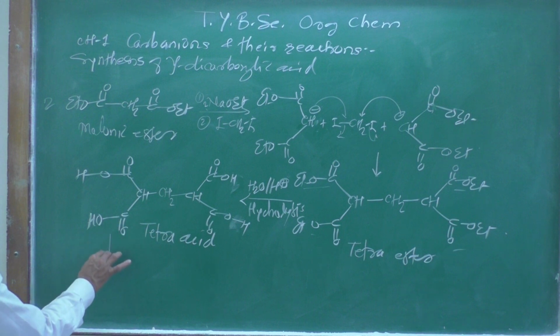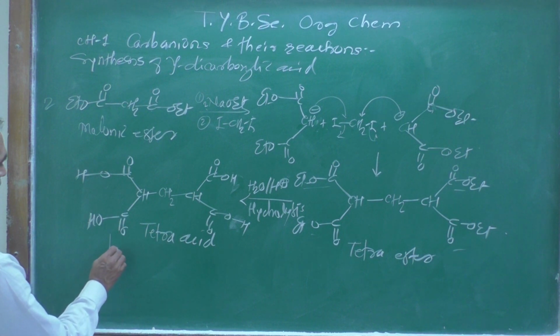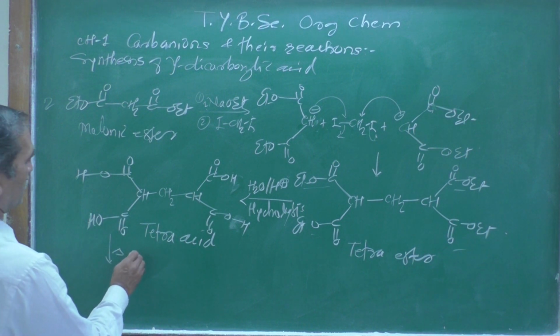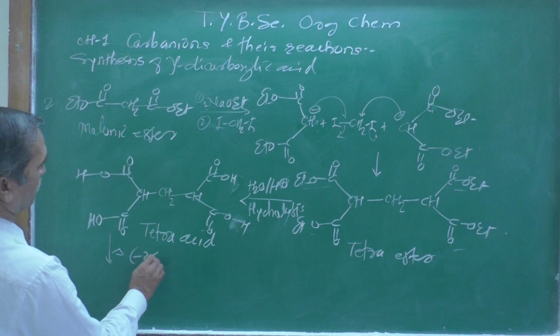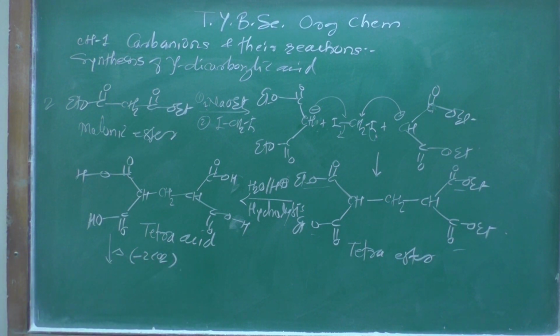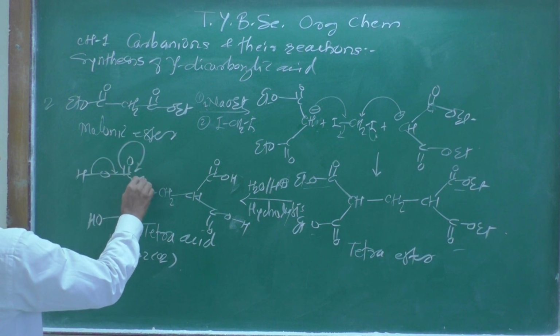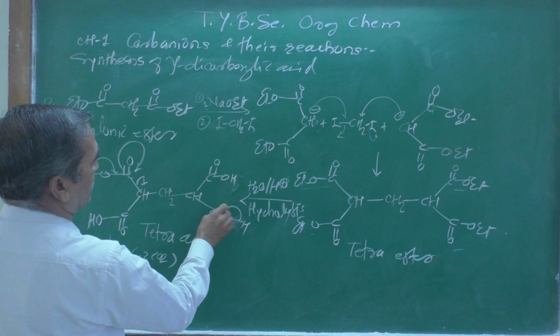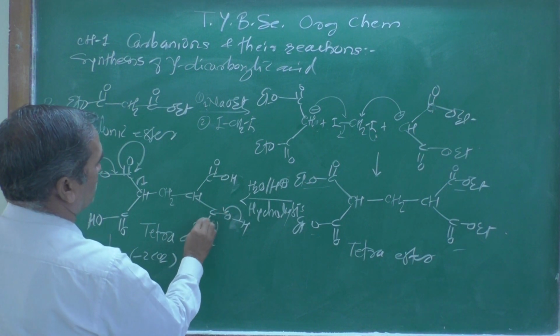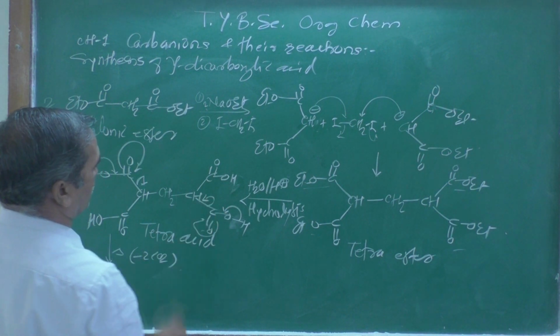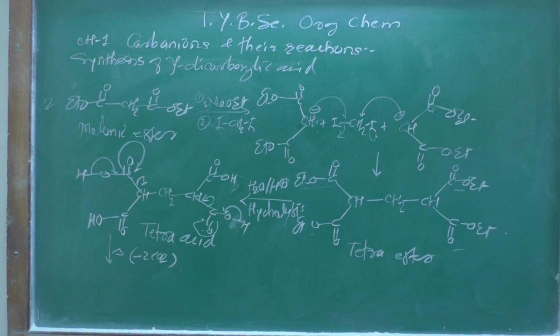The next step will be decarboxylation. Just by heating it, you are going to get 2 moles of carbon dioxide removed. Look at how it is removed here, and negative charge forms over that.